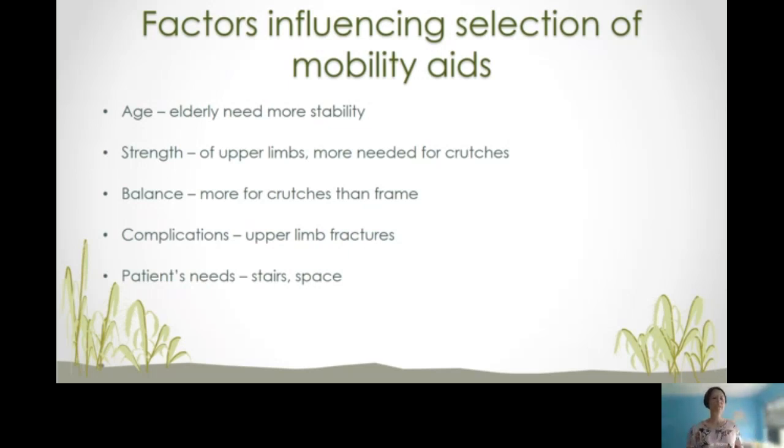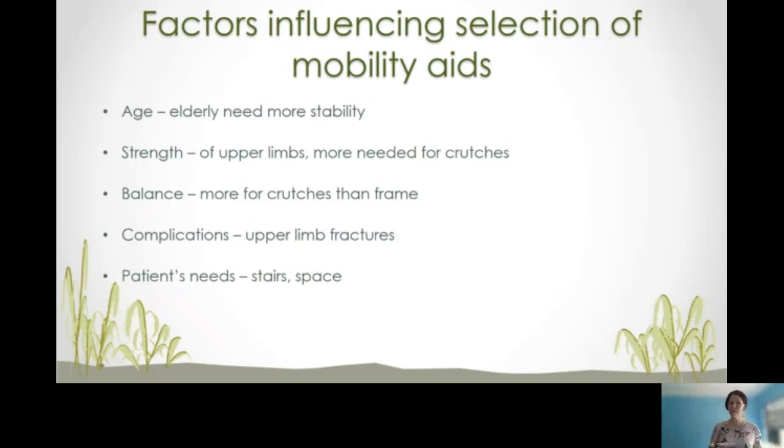So what factors influence our selection as physiotherapists of the correct mobility aid? Age. The elderly need more stability. Even more stability than, for example, an 18-year-old schoolboy who has sprained his ankle.